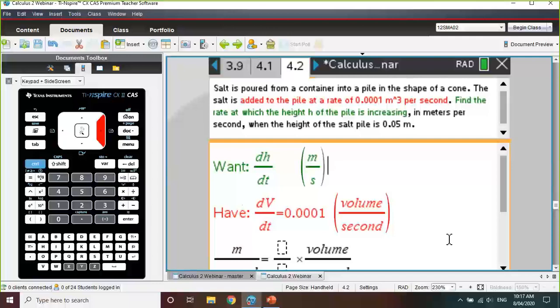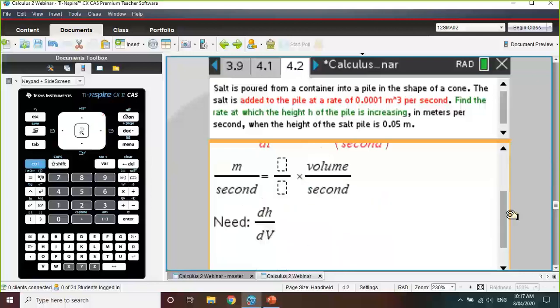In this case, we're trying to find dH/dt, because we're given units of meters per second. So H here is the height. In the question, we're told that we're adding at a rate of 0.0001. So that's our given rate dV/dt, because look at the units, cubic meters per second, it's volume per second.